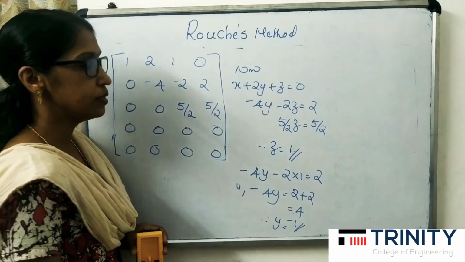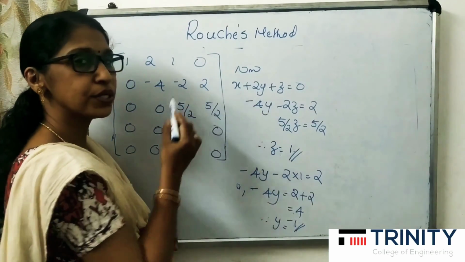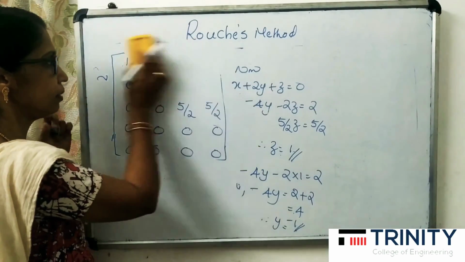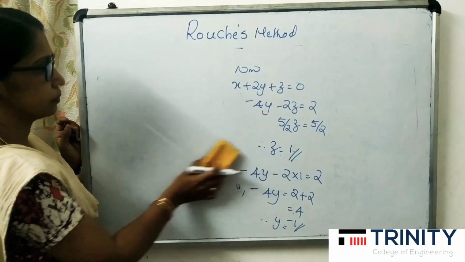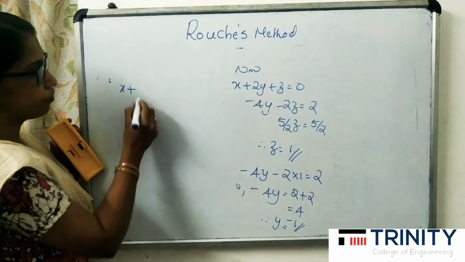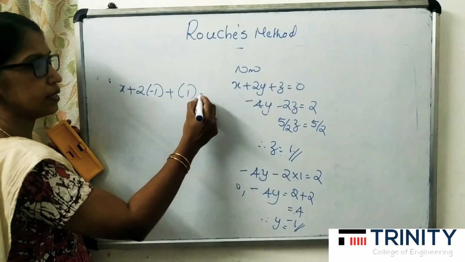Okay. Now substituting y is equal to minus 1 and z equal to 1 in the first equation, we will get the value of x. That is x plus 2y, 2 into minus 1, plus z, what is z? 1, is equal to 0.